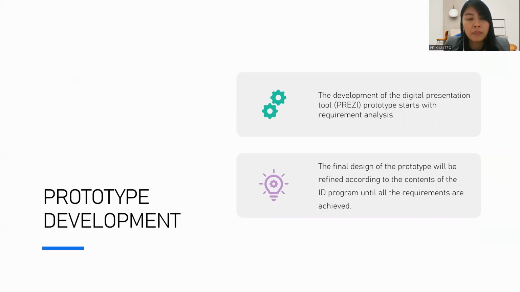In this stage, the requirements are defined in detail. During the process, the 6 design principles, which are derived from the cognitive theory of multimedia learning that I explained just now, will be analyzed and used as a guideline for designing the prototype.